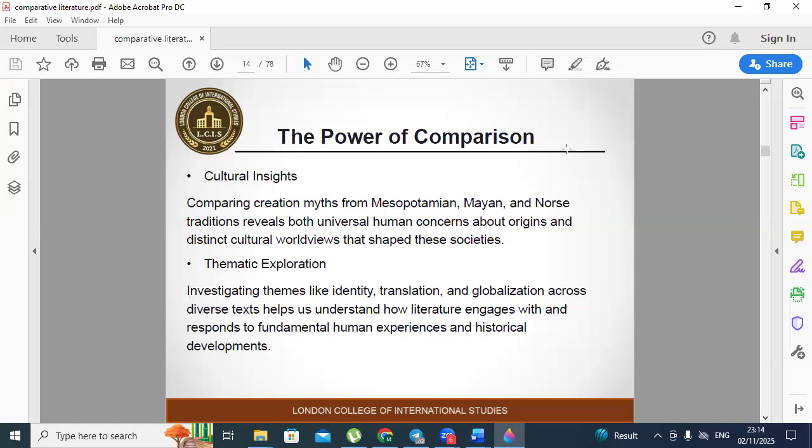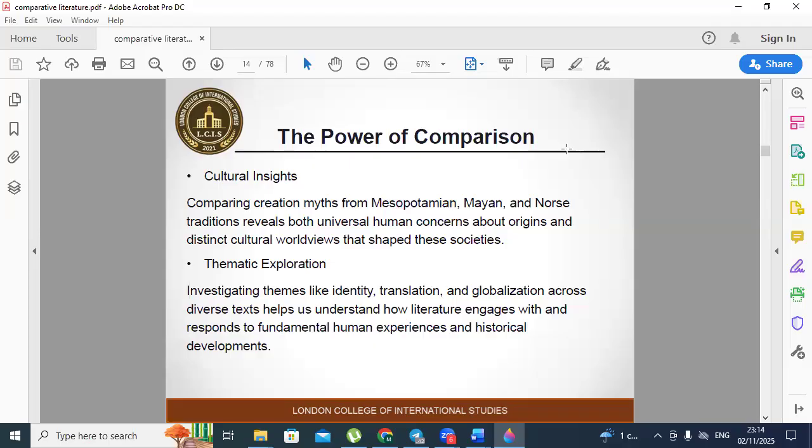So this slide provides three more lenses through which to apply the comparative method. First, cultural insights: comparing creation myths from Mesopotamian, Mayan, and Norse traditions shows universal human concerns, where did we come from?